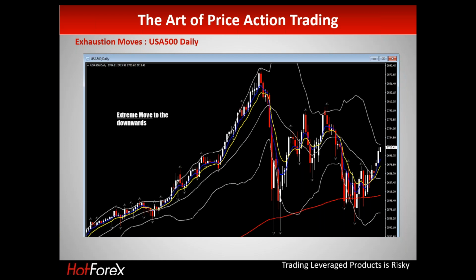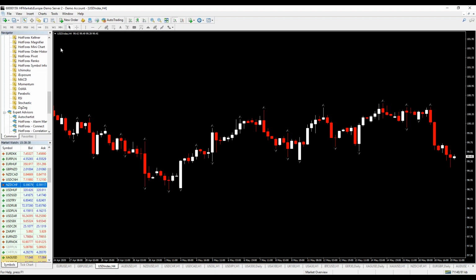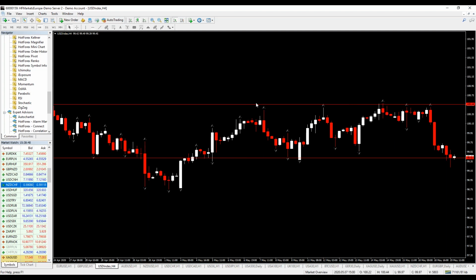Because if you go up and down to different time frames, let's say here is a 4 hour chart, and I have put my support and resistance levels. Actually over here I have pretty much an ascending triangle. So I will take my decision solely on the 4 hour candles.